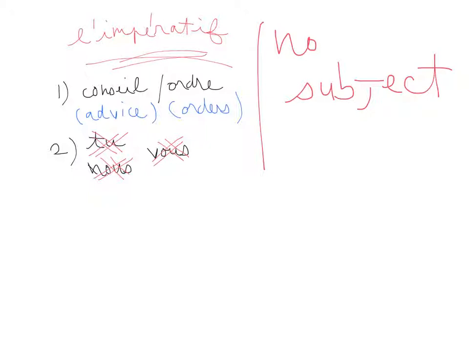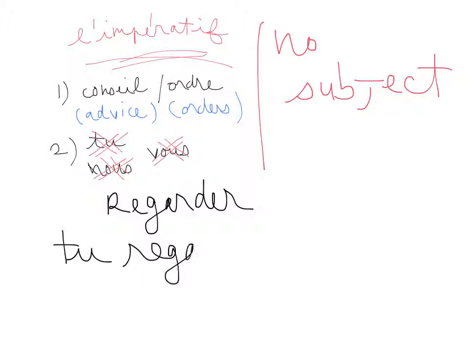It works like this. Let's pretend I take the verb regarder, right? Regarder. So in the present tense, it is going to be tu regardes. Remember that? With a S at the end, obviously.